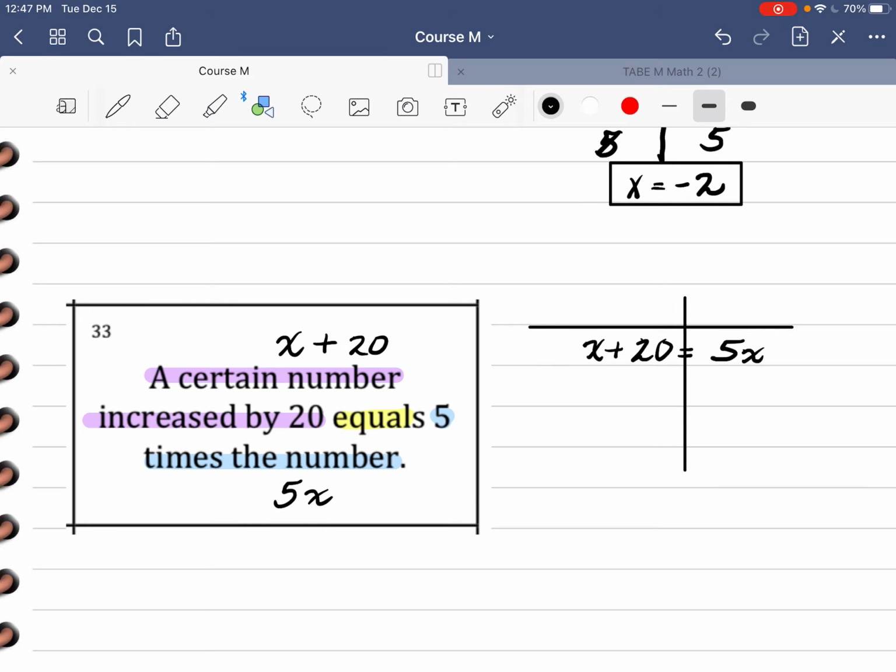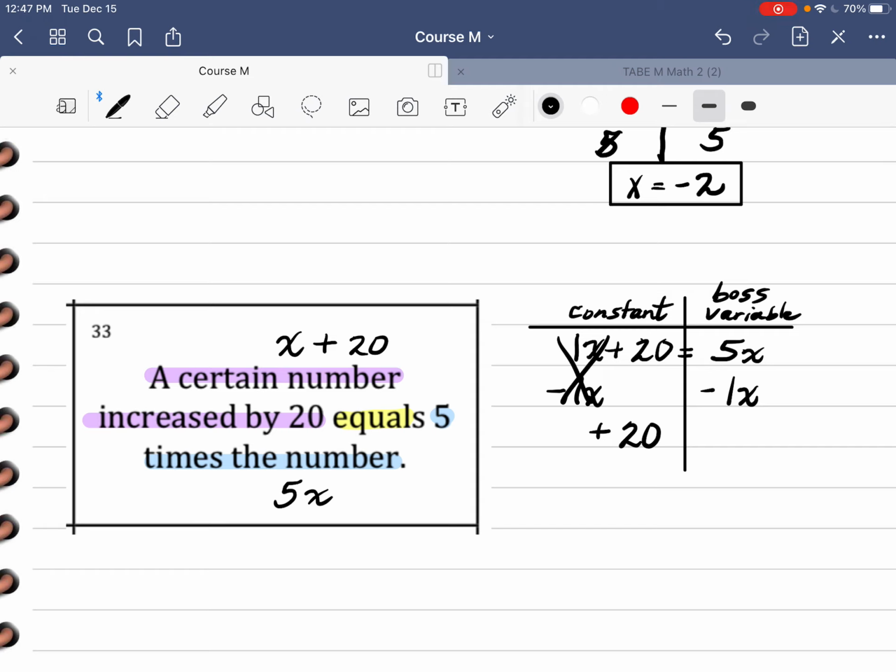And I've got my power T. Put a 1 in front of that x, and you can see that this is your boss variable. And this is the constant. So I'm going to move my 1x to get a 20.